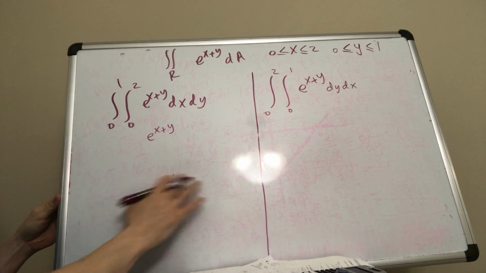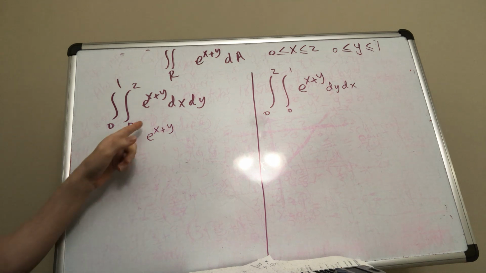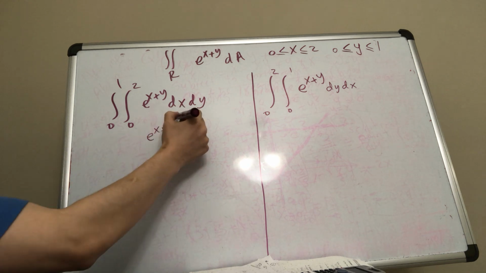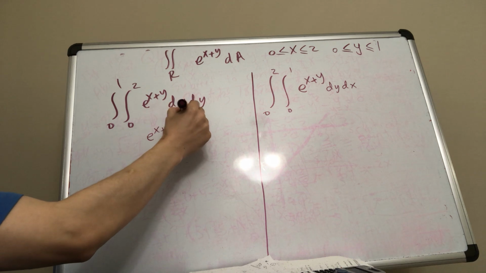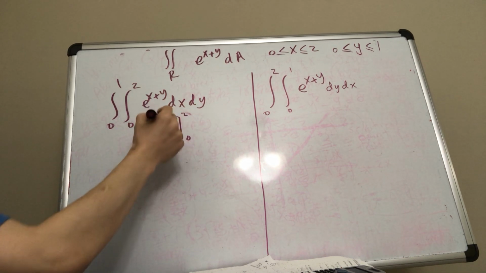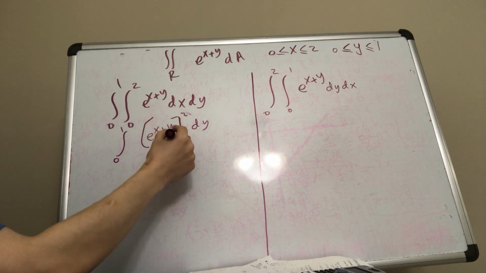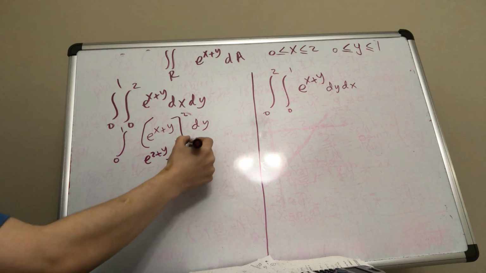So the integral of this would be just itself over the x multiplier, which is 1, so it doesn't really matter. So you need to plug 0, 2 for x, and then integrate this from 0, 1, y. Put the 2, so that's e^(2+y). Put the 0, that's e^y.